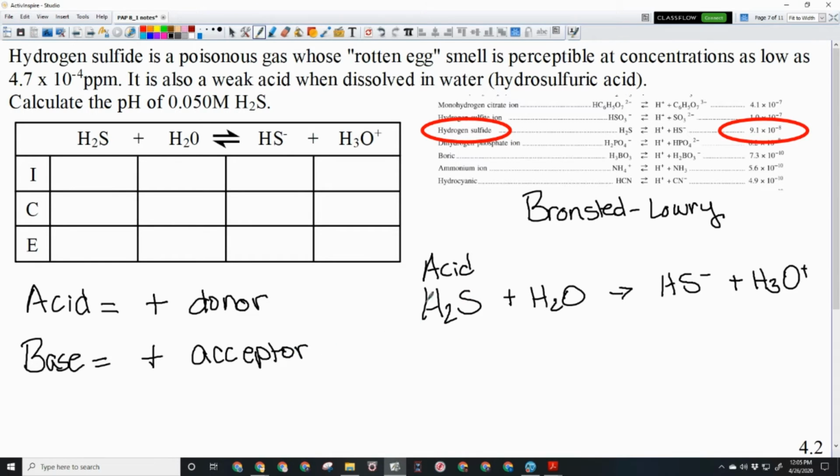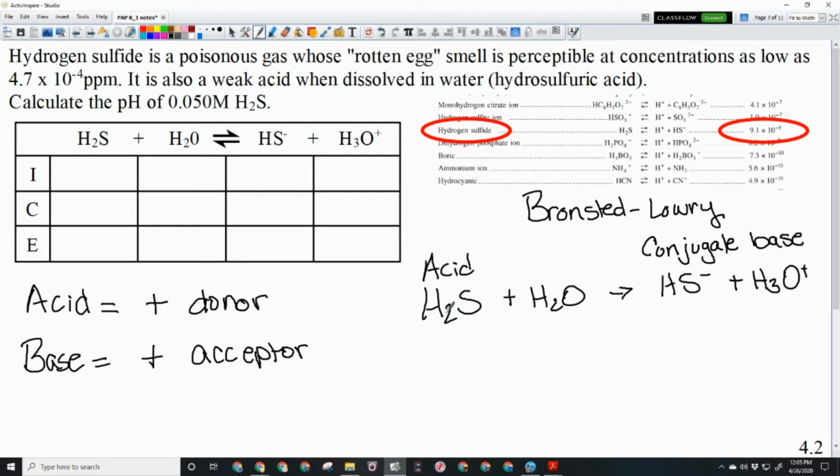All right, so if we look at this right here, this is an acid. When this gives up its proton, it forms what's called a conjugate base. This acid lost a proton.